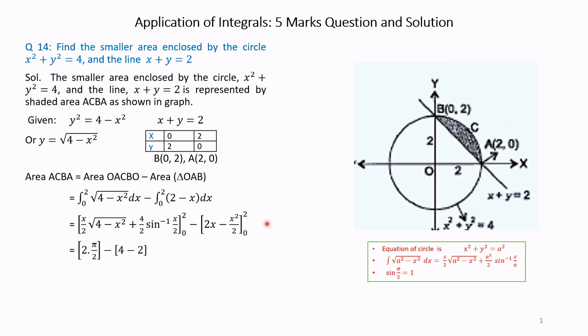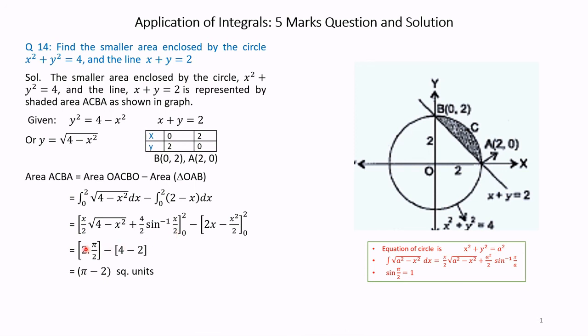Now we will substitute the values of the upper limit and the lower limit. When we substitute, the upper limit is 2 by 2, 2 gets cancelled, square root of 4 minus 4 is 0. So the upper limit gives 0 plus 4 by 2 is 2, sine inverse of 2 by 2, sine inverse of 1 is pi by 2.